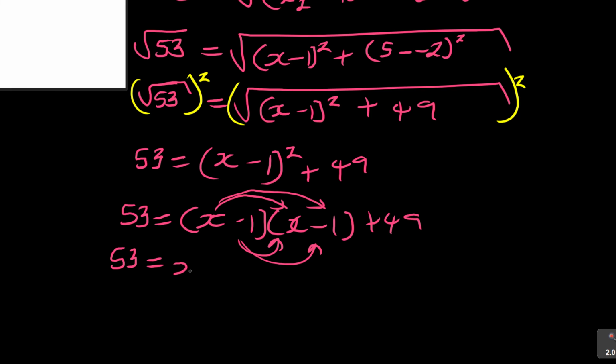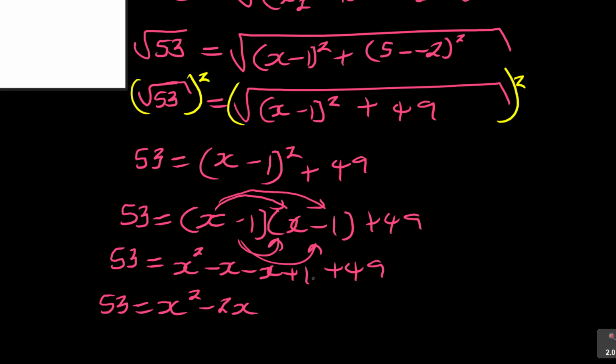So you'll have x squared minus x plus 1 plus 49. So 53 is equal to x squared minus 2x, and 1 plus 49 is plus 50.